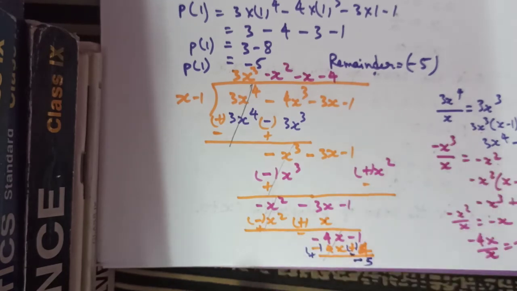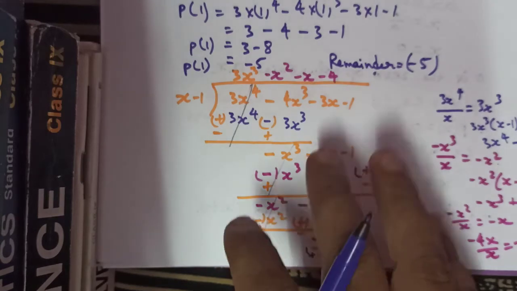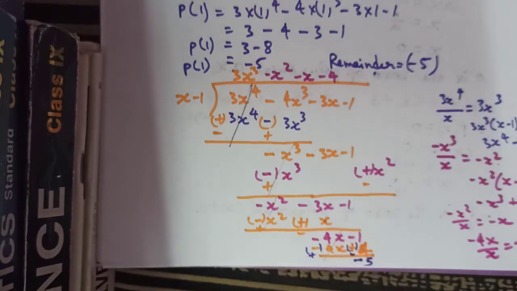That means the remainder is minus 5 only. Is that clear? So remainder theorem is a very good method. We don't have to perform the long division for finding the remainder of any polynomial. We just have to find the value of P(a), and the value of P(a) will be equal to the remainder.